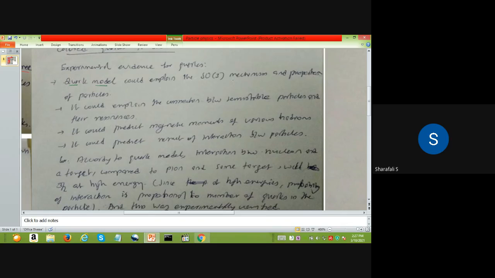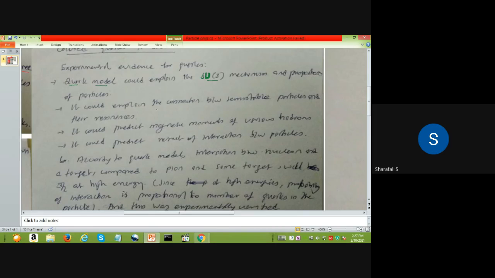All those things are predicted by this quark model, which could explain the SU3 mechanisms, especially unitary transformation mechanisms, and properties of particles. If we have time, we'll discuss this. It's not that important. So it can explain those SU3 mechanisms and the properties of different particles.